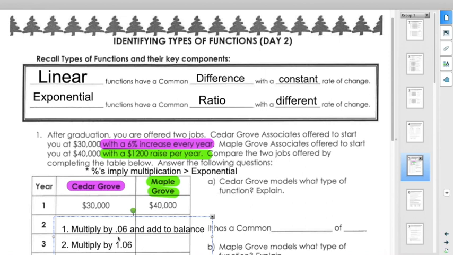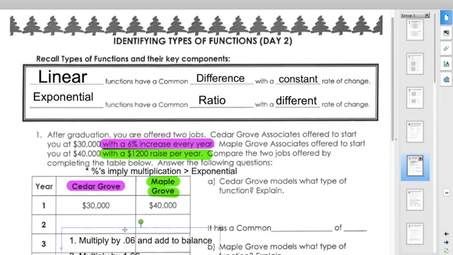So everything starts at 1. Kind of like the flippable, where growth has to be greater than 1 and decay has to be less than 1. Well, if we're growing 6% each year, that's a 6% add-on to 1. So multiplying by 1.06 will just give me the answer right away.